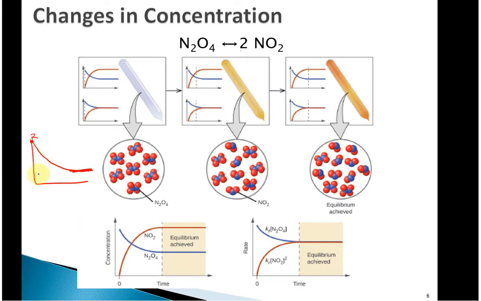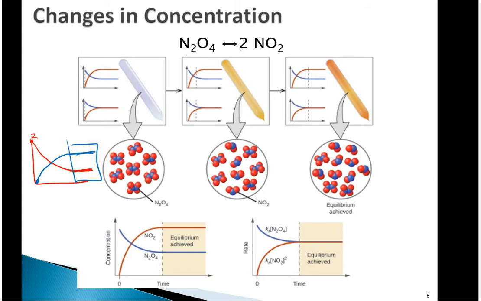Meanwhile, at the beginning you have 0 product, and at some point you make some. And at equilibrium, you have the same amount of both of those guys. No, let me restate that. You do not have the same amount. You have a static amount. The amount of reactant is not changing. The amount of product is not changing.